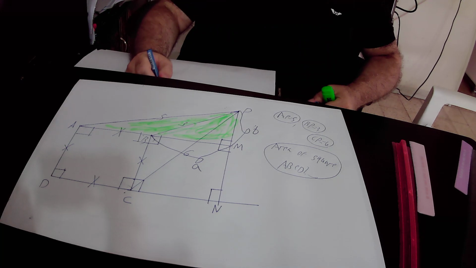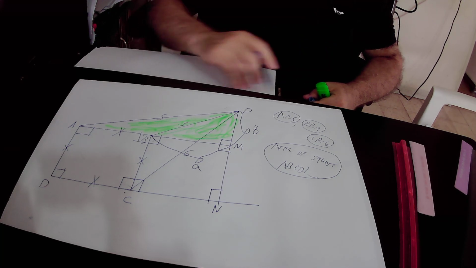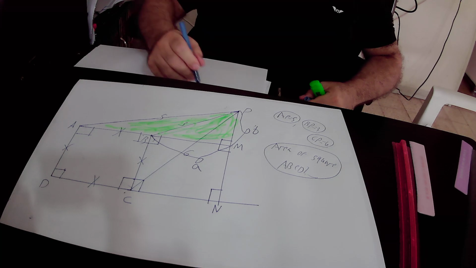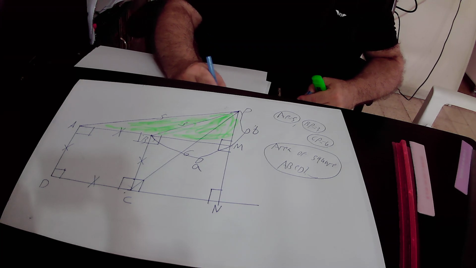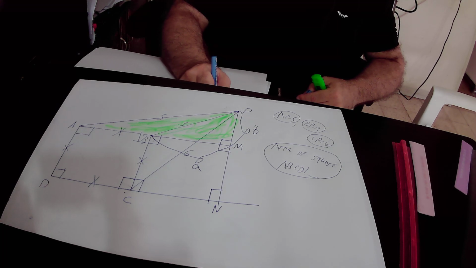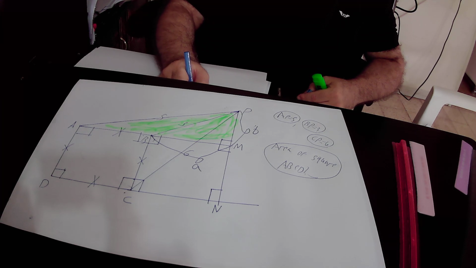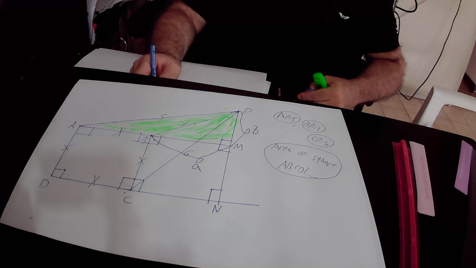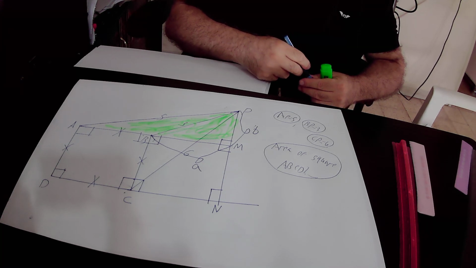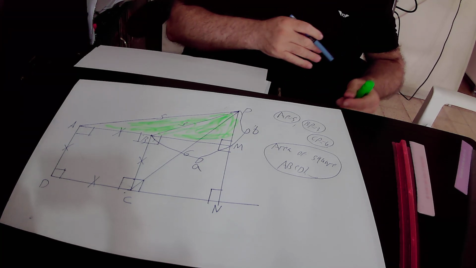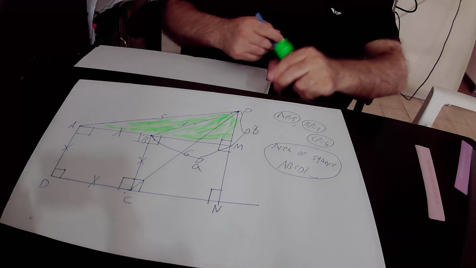Quadrilateral BMCN is a rectangle, because it has 4 right angles.